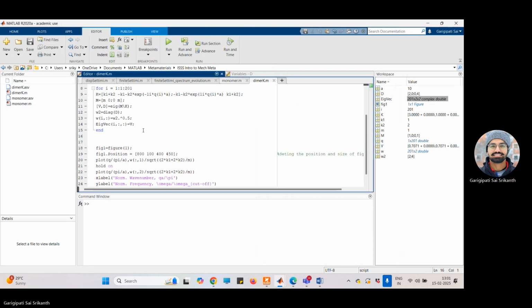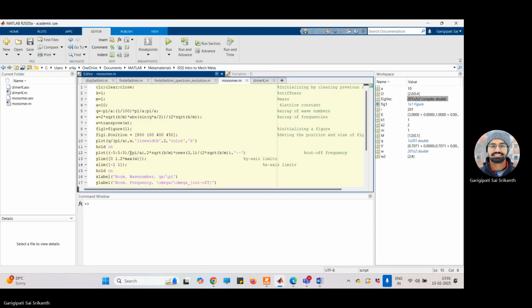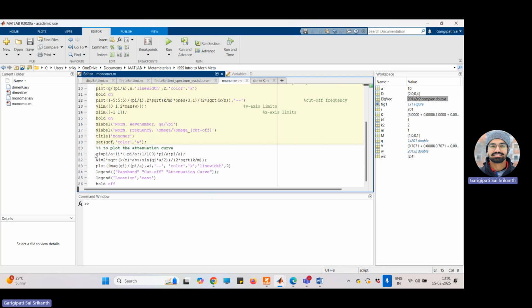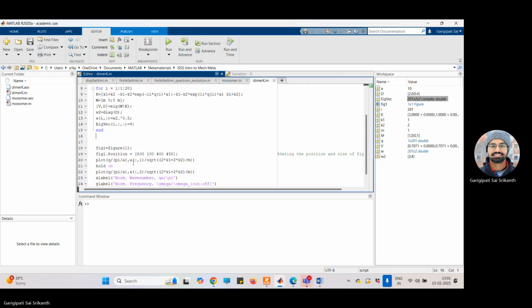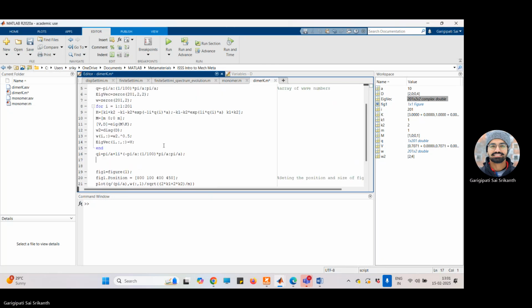So right now what we need to do is create an eigenvector space for alpha values of pi by a.